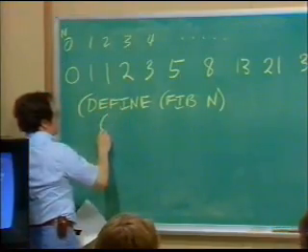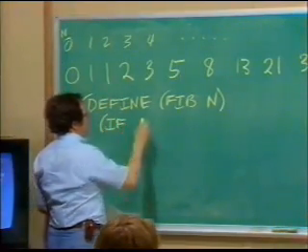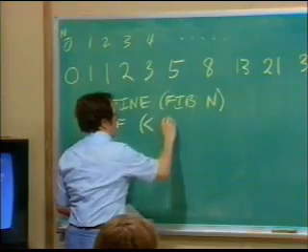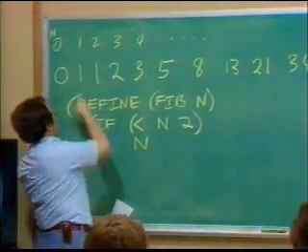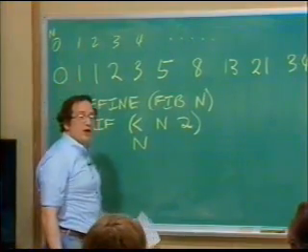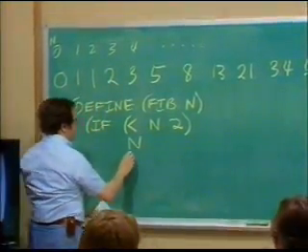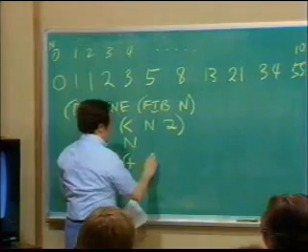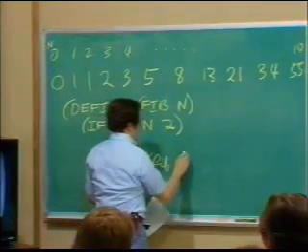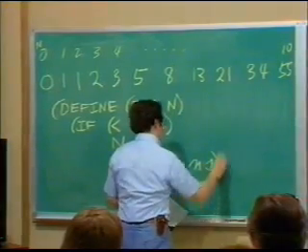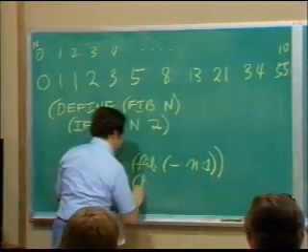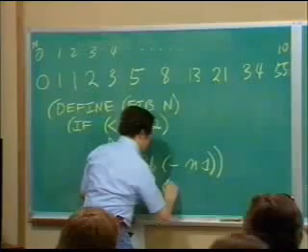And here's the story. If n is less than 2, then the result is n, because that's what these are. That's how you start it up. Otherwise, the result is the sum of fib of n minus 1 and fib of n minus 2.